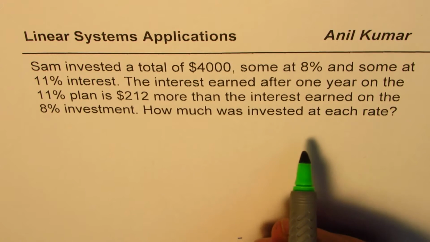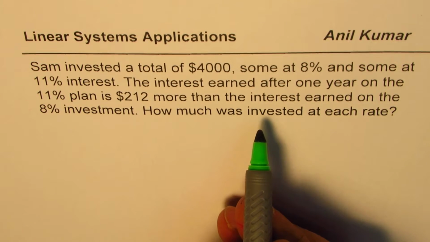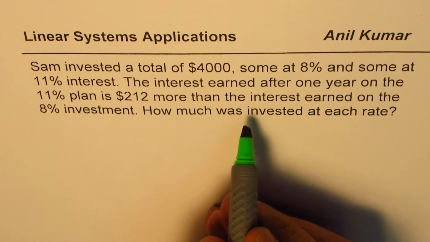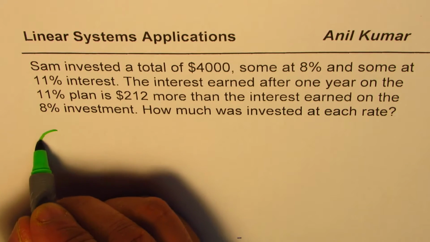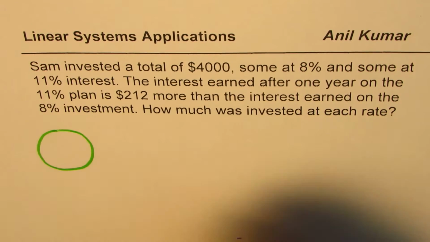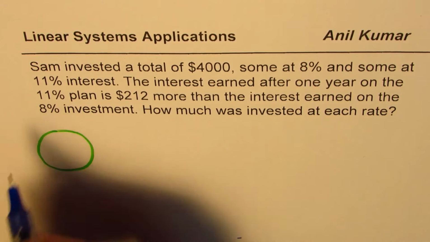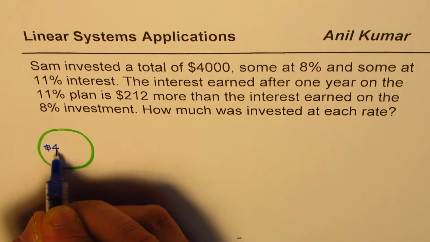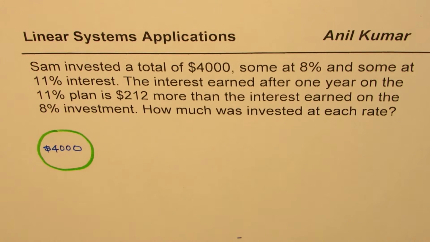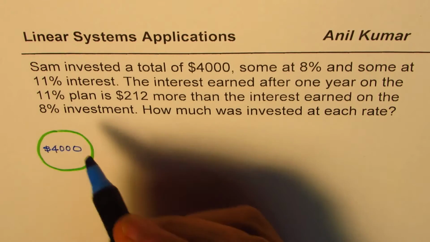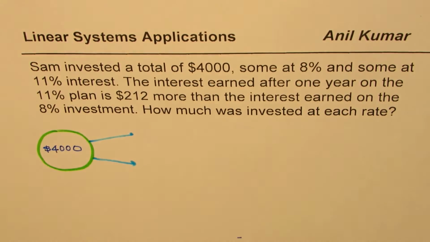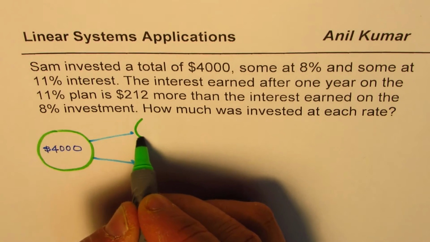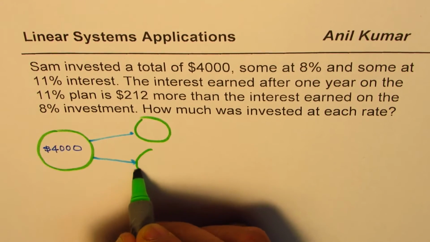Okay, so we can actually solve such questions using two variables or one variable. I will do it using one variable. Let us see how. So what we have here is a total investment of $4,000, and this is placed at two plans, at 11% and at 8%.